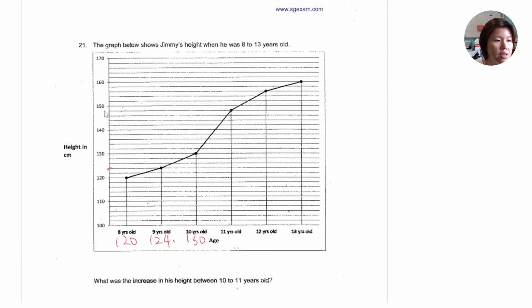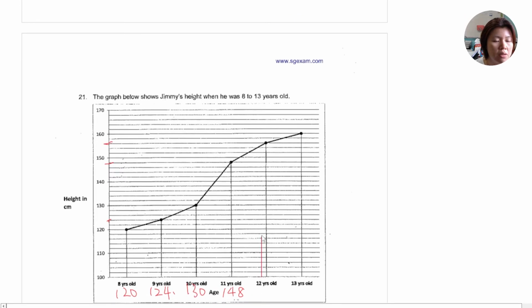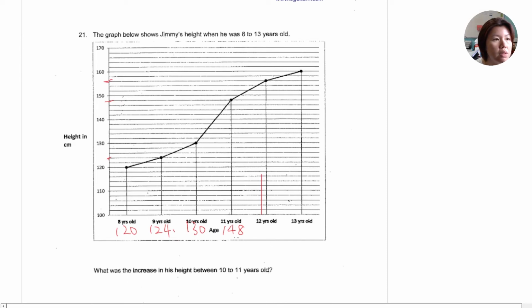11 is here, 148. 12 is here, let me clear.